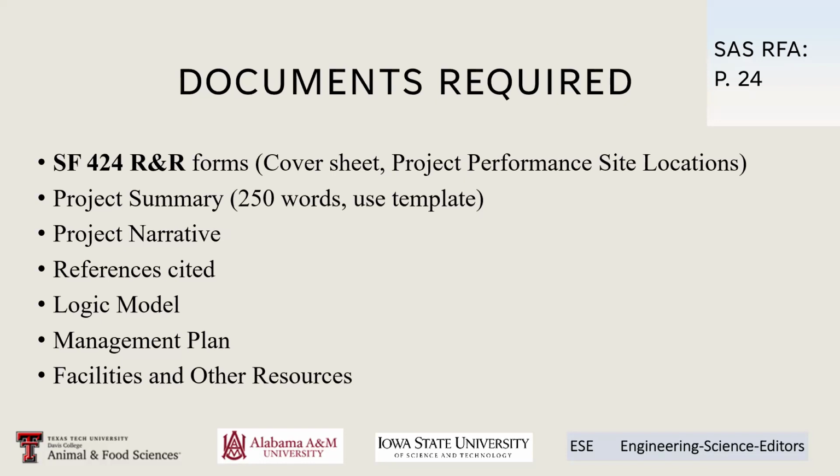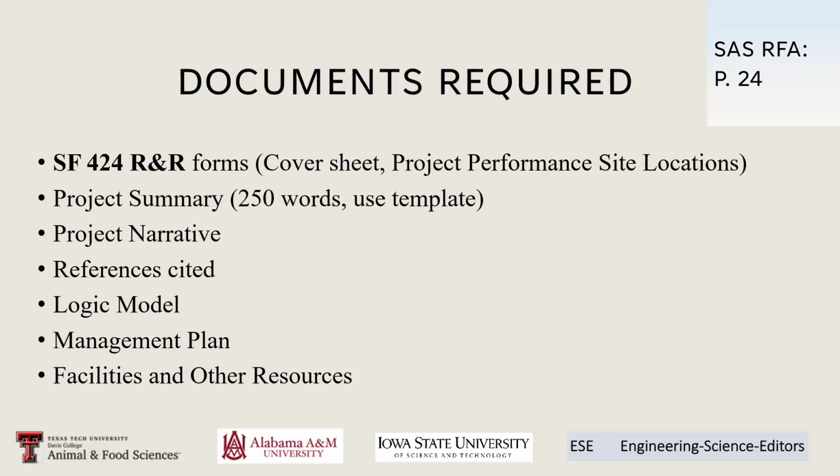You have to write a project summary that goes into a template that's provided by the USDA and is uploaded separately. You have to write a project narrative. You have to prepare a document with all your references. You have to prepare a logic model.